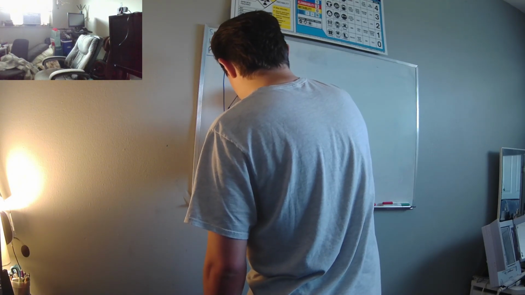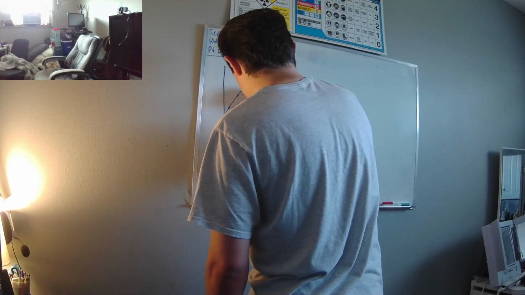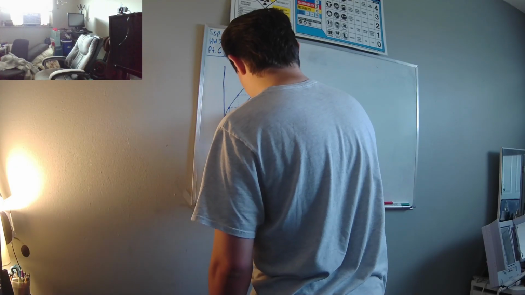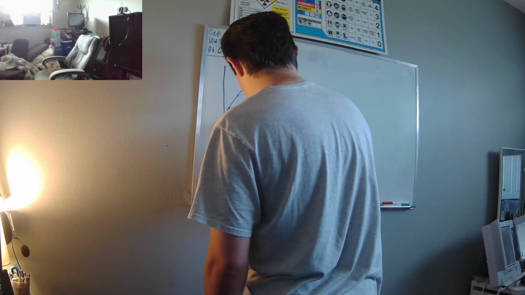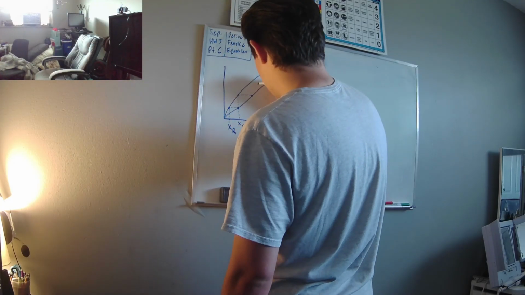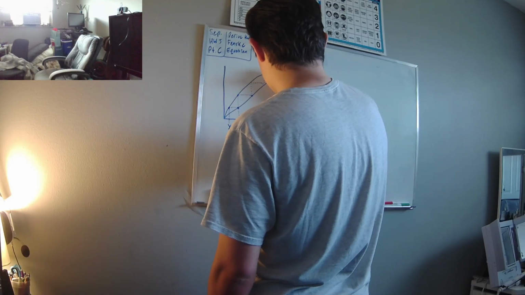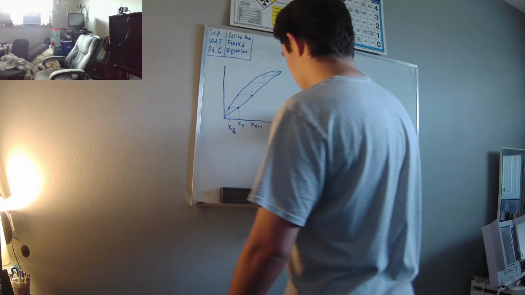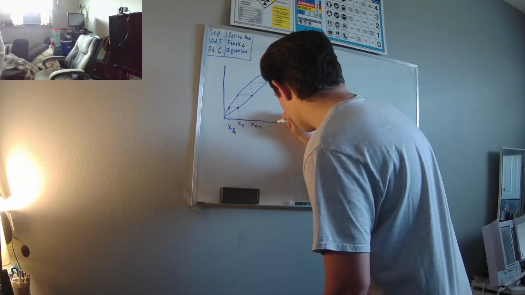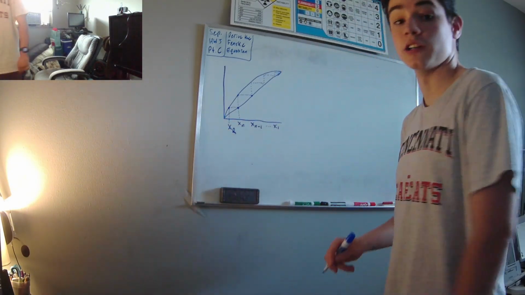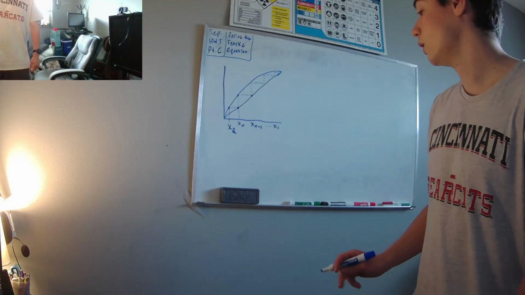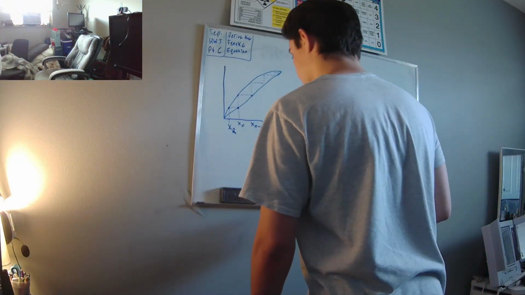As we take a step up and over, we get our composition Xn minus 1. And as we continue to take those steps further and farther up, we eventually get to our X1, being our stage right below our condenser.